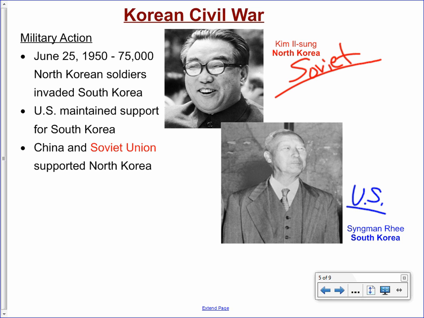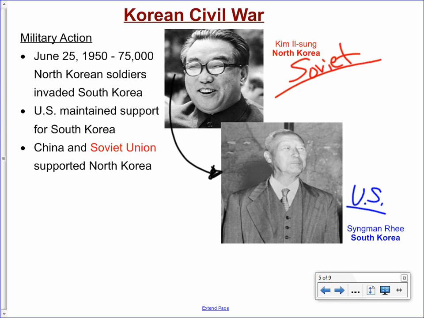All right, so what happens is in 1950, the forces in North Korea are going to invade South Korea, and basically the U.S. kind of stands by South Korea, and China and the Soviet Union support North Korea. Right, very hands-off at first, kind of like verbal support.